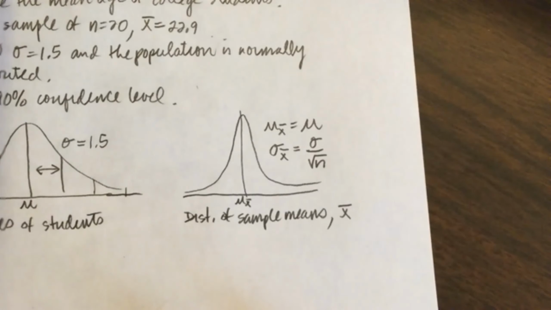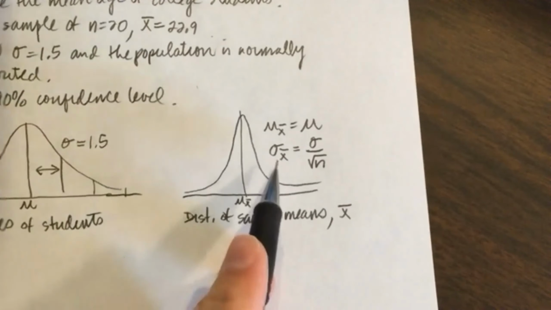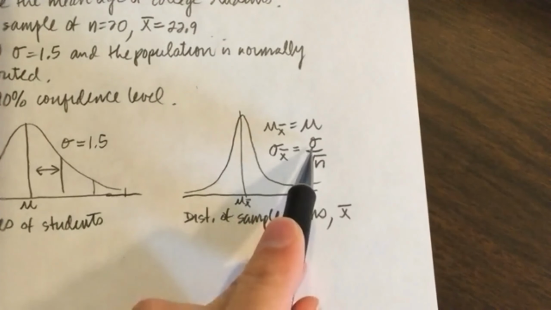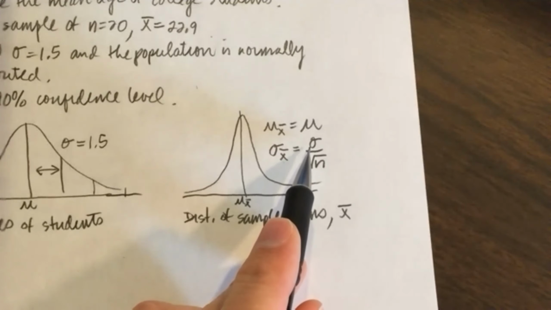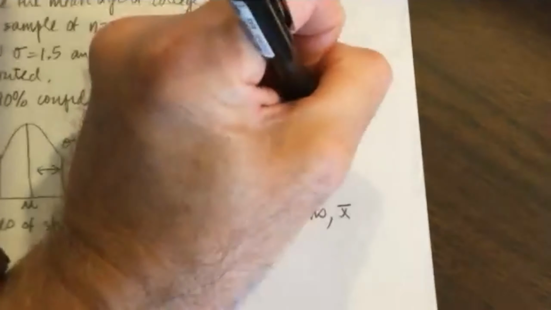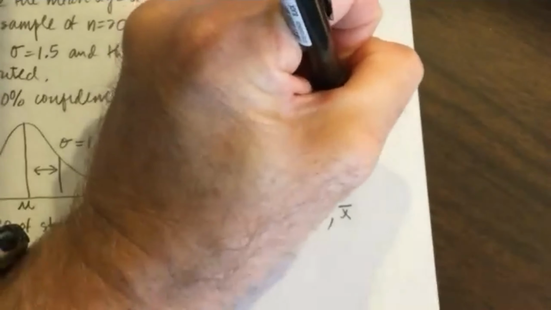And so if we're going to calculate this spread, then we need to know sigma. In other words, we need to know the population standard deviation, so we can plug it in right here. And in this problem, we do. However, in section 6.2, we don't, and we'll deal with that when we get there. So I'm plugging it in.